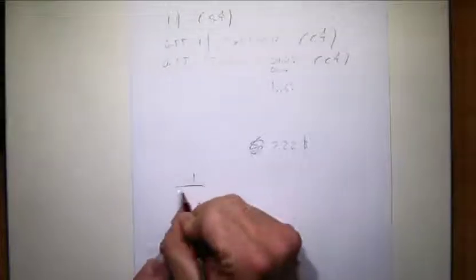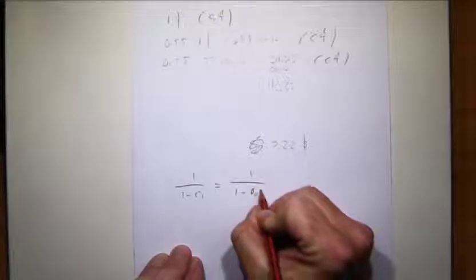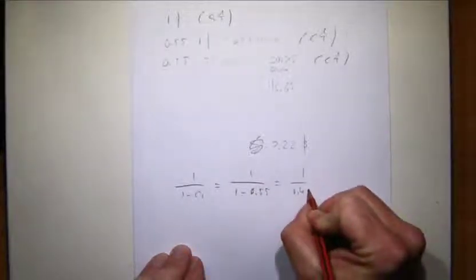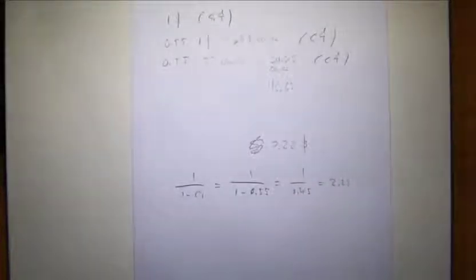Well, I already showed you the equation telling us how the multiplier looks. We could also simply put the C1 value in here. So we have 1 over 1 minus 0.55, which is 1 over 0.45, and it's 2.22.